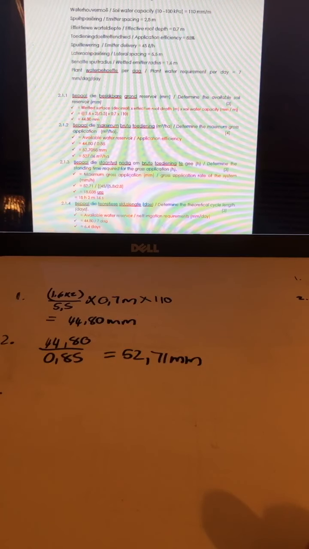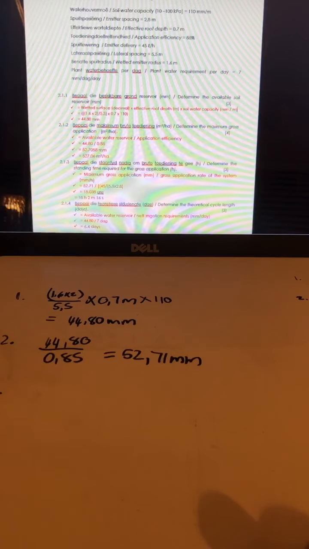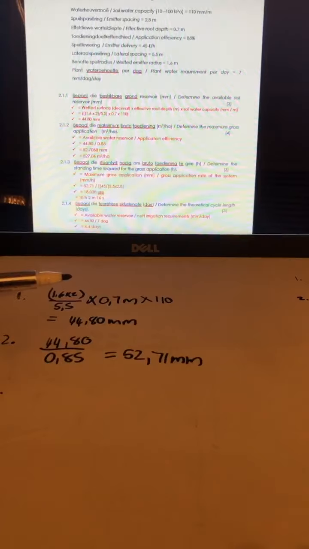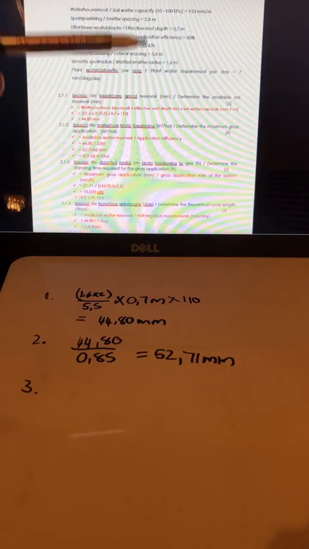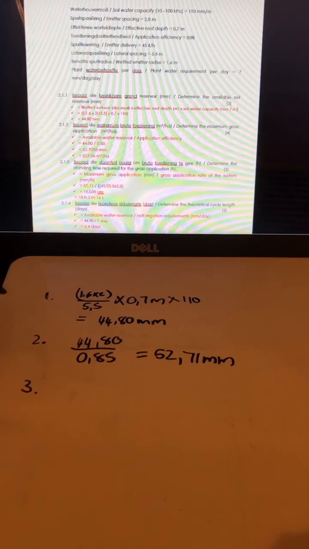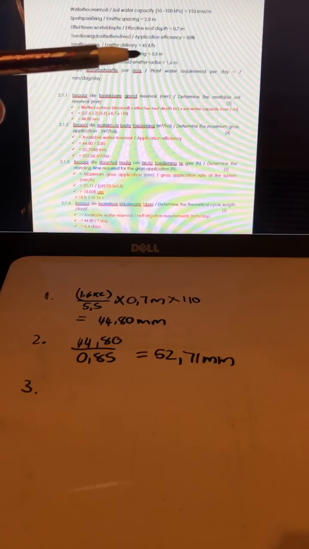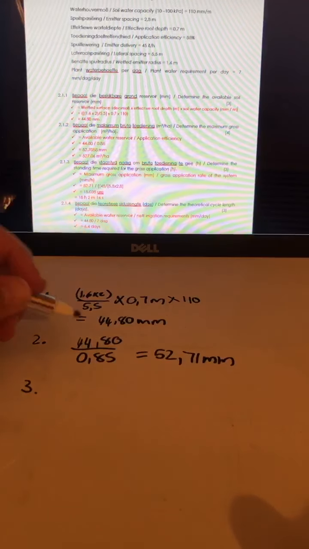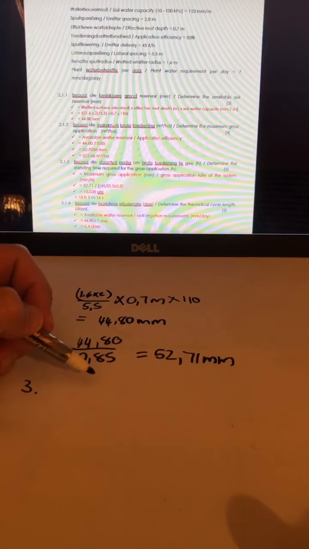Then number 3, the standing time. How long is it going to take you to apply this amount of water? In the top area you'll see something very important, your emitter delivery. It tells you how much water your system is able to deliver per hour, and that's 45 liters per hour.